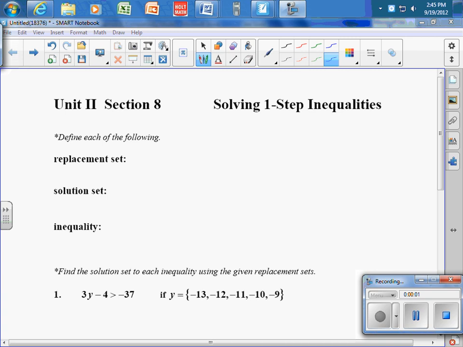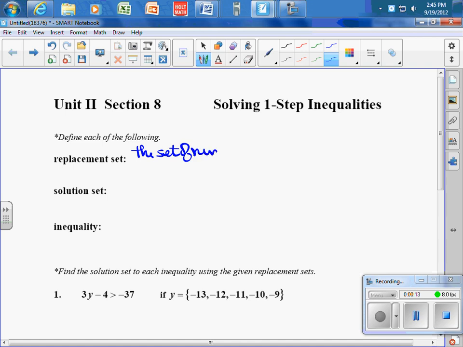All right, in solving one-step inequalities, let's first talk about some vocabulary words. A replacement set is the set of numbers we choose from to substitute in for the variable.